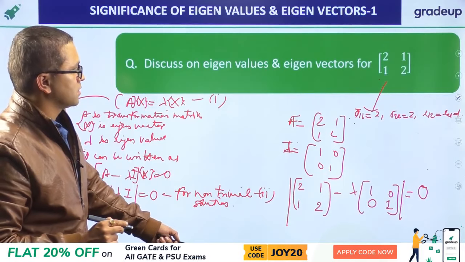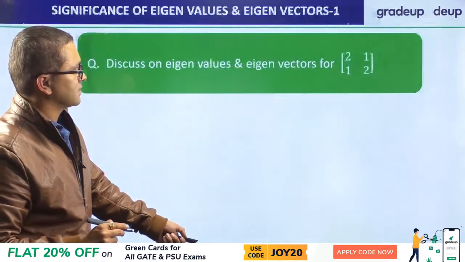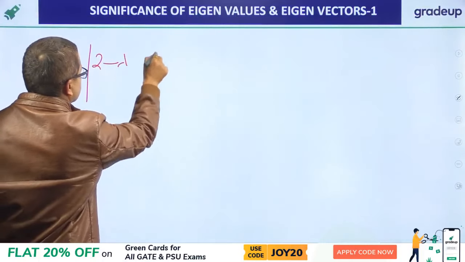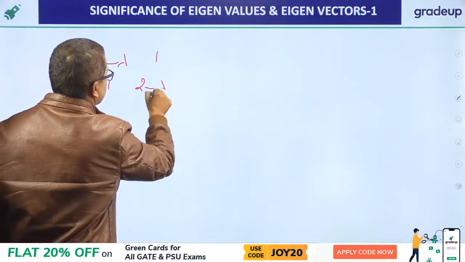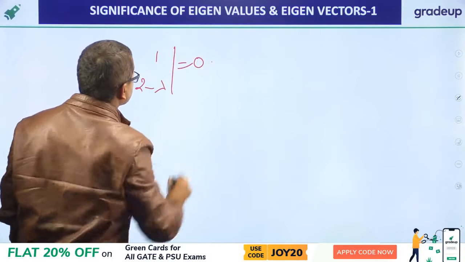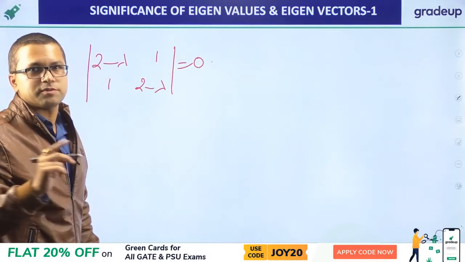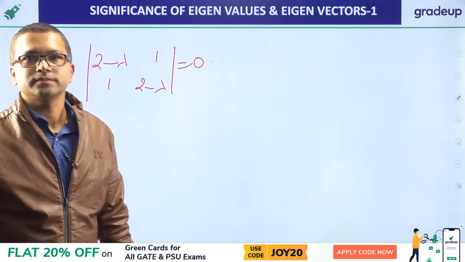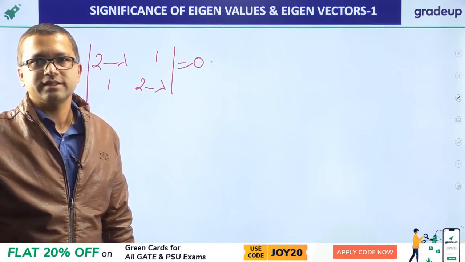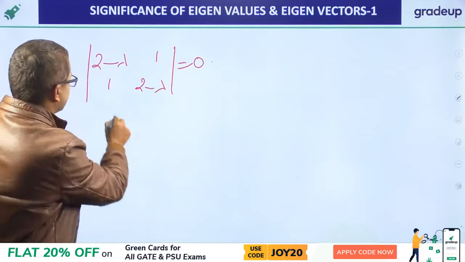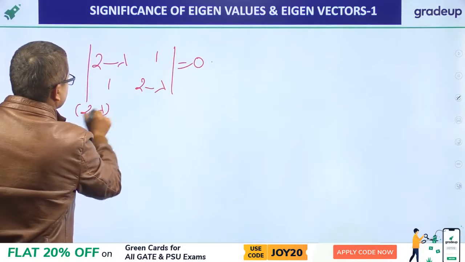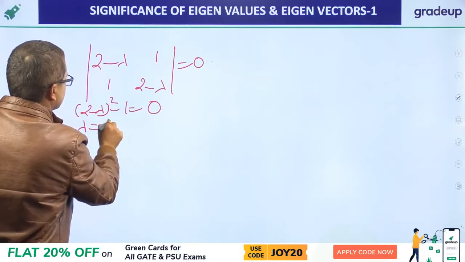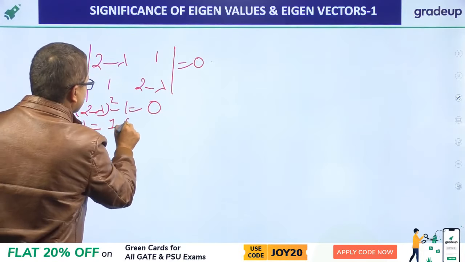So, let's go to the next slide. What we are going to do, 2 minus lambda 1 1 2 minus lambda equals 0, and you can solve this. Can you please solve this and come back? Yes, Shweta says that 3 and 1 is the answer. Obviously, yes. So, lambda equals 1 and 3.